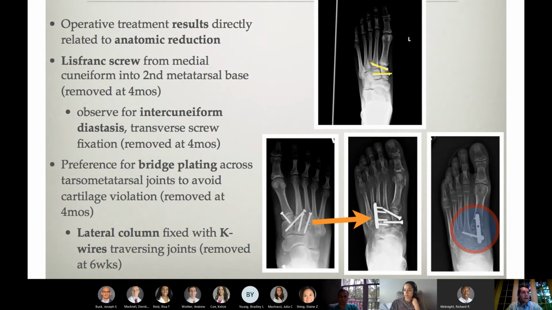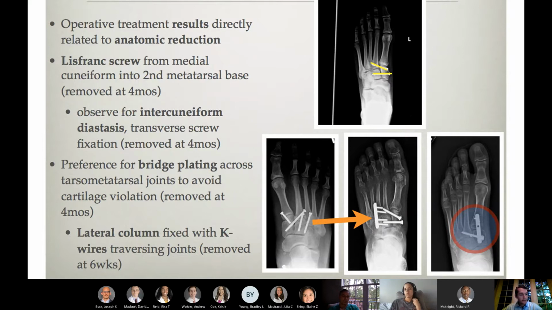Operative treatment is defined by anatomic reduction. There's been a big shift in our world towards fusion of these injuries. Not necessarily for isolated ligamentous Lisfranc injuries, but the more displacement of the dislocation there is, the more we're pushed in that direction.